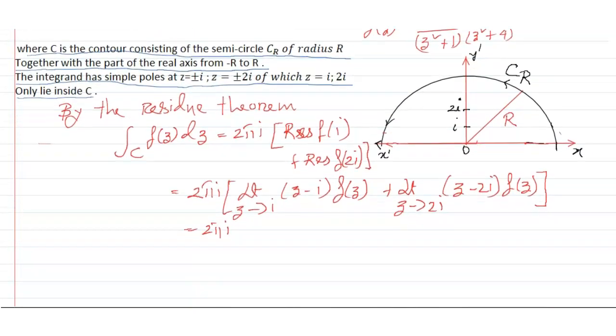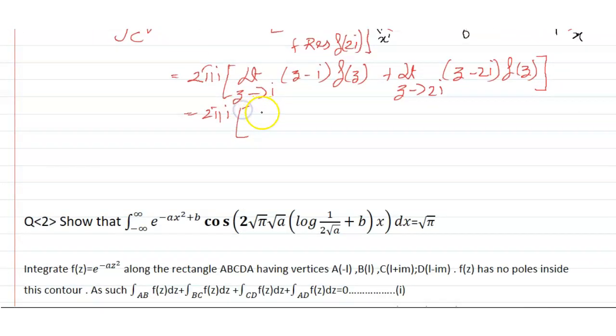So I can easily put in the values, with i squared, 2i plus i squared plus 4 i squared, divided by 4 i squared plus 1 into 4i, and I get this value, pi by 3.